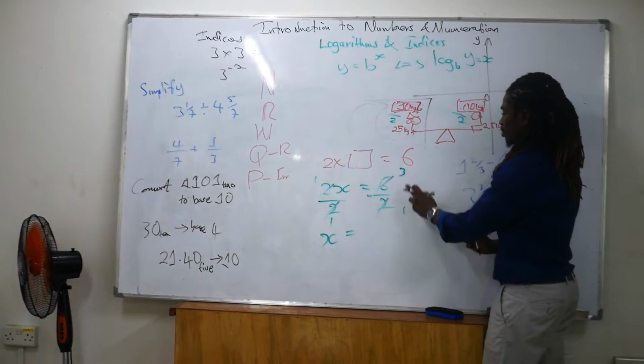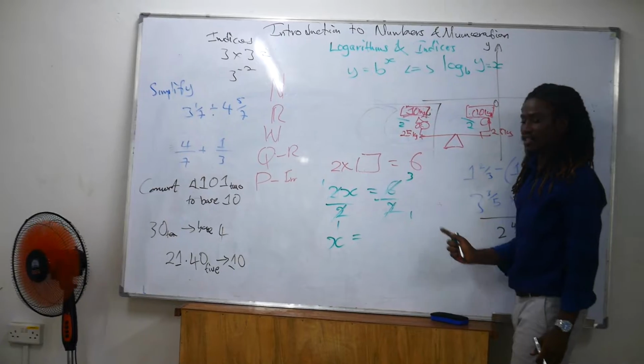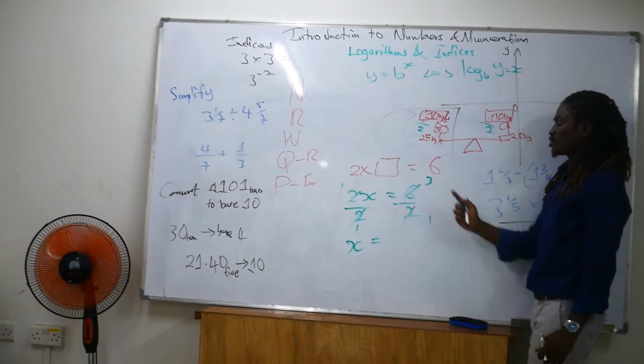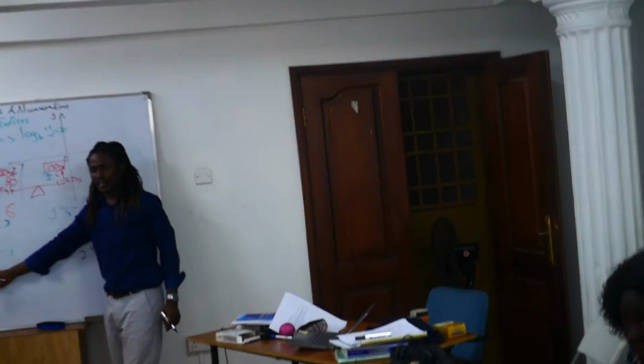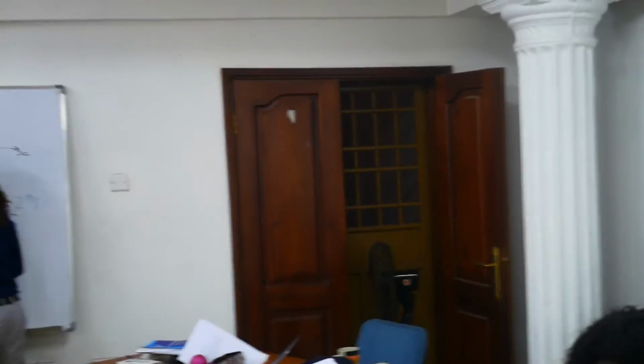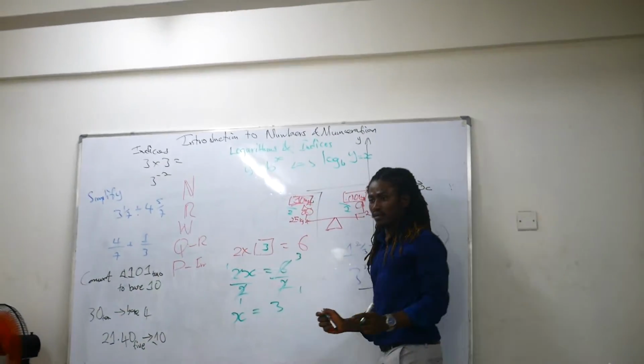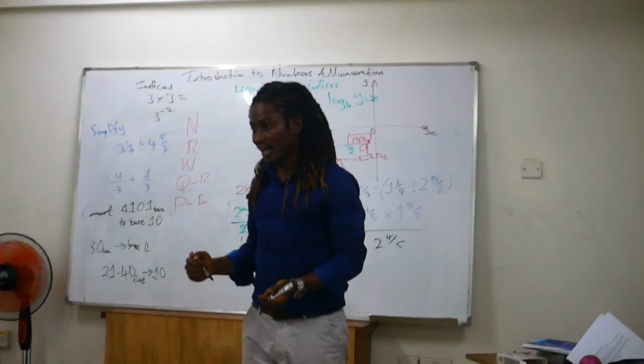Right? So 3 divided by 1, it's almost like how many times 1 goes into 3? It's just 3 times, right? So therefore, x equals 3. So this number that was here, that we didn't know, was 3. And you actually said 3, right?